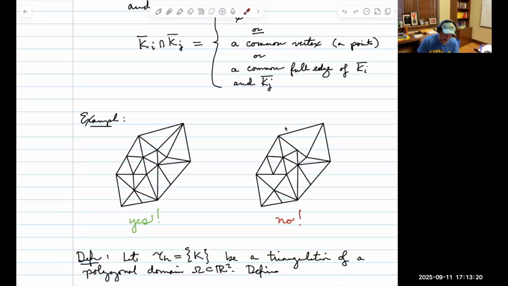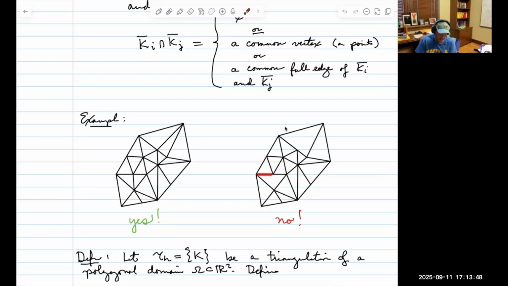But what about this guy over here? This is comprised of triangles. Each triangle is an open triangle and a subset of omega. But the problem is, let's take, for example, this triangle and that triangle. Take their closures and take the intersection. The intersection is going to be a full edge of this triangle, but only a partial edge of that triangle, right?